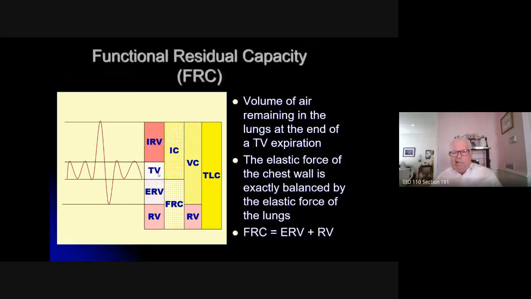The FRC, the functional residual capacity, the volume of air remaining in the lungs at the end of a tidal volume expiration. It actually measures the elastic force of the chest wall, exactly balanced by the elastic force of the lungs.